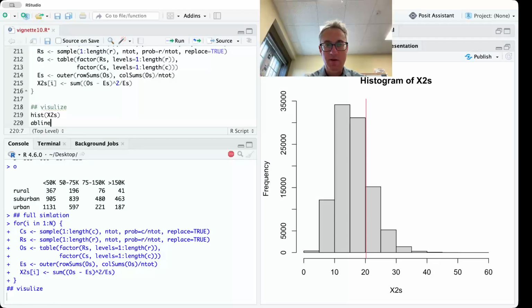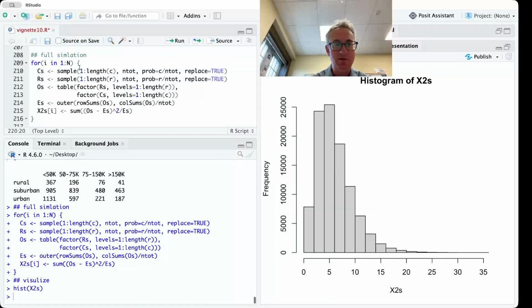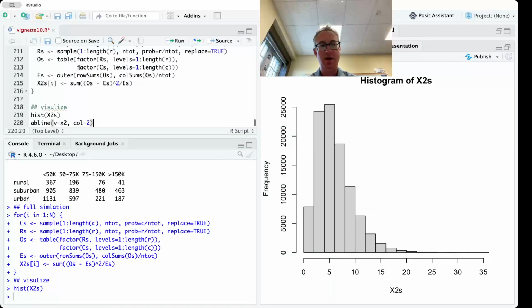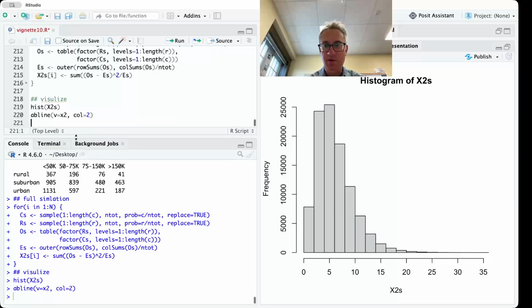And abline v equals x2, col equals 2. I don't remember how long this takes, but I don't think it takes more than a minute. So if it does, oh, there it goes. It's done. And then we can put the line on there.